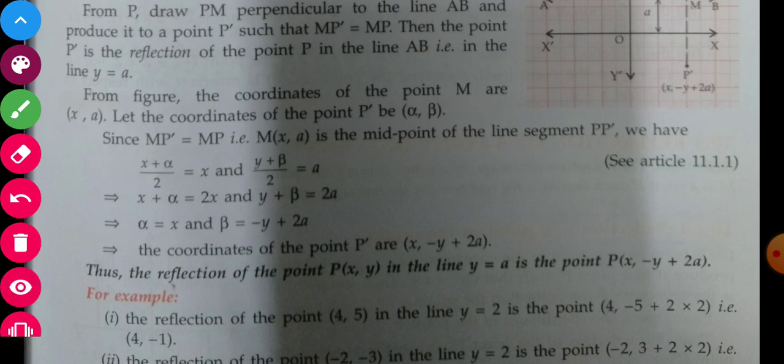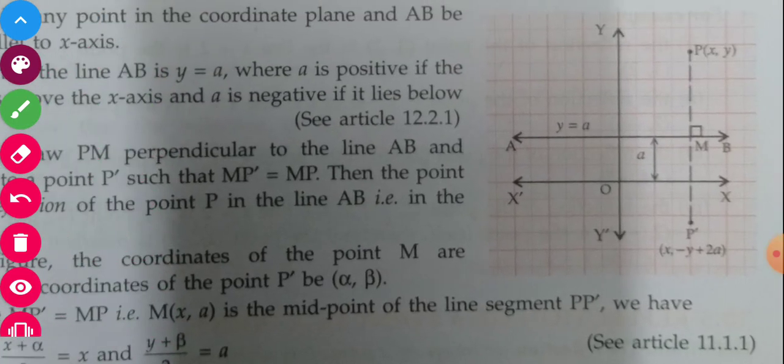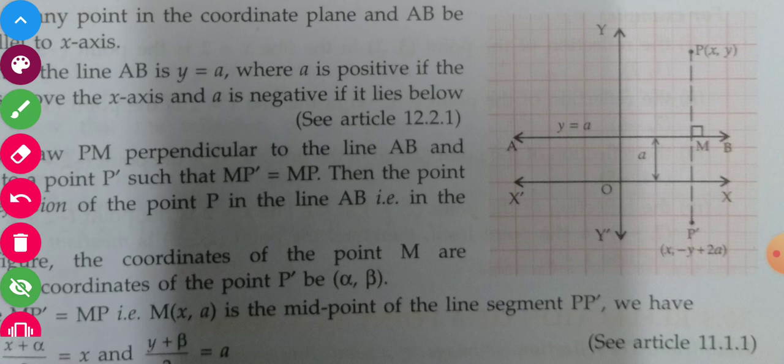Now if you observe this diagram, we know that M is the midpoint of PP'. So by the midpoint theorem, the x coordinate of the midpoint would be the x coordinate of this point plus the x coordinate of this point, divided by 2.